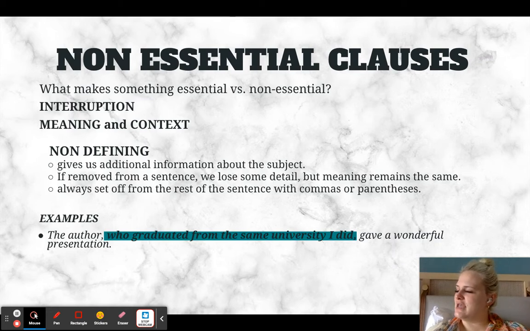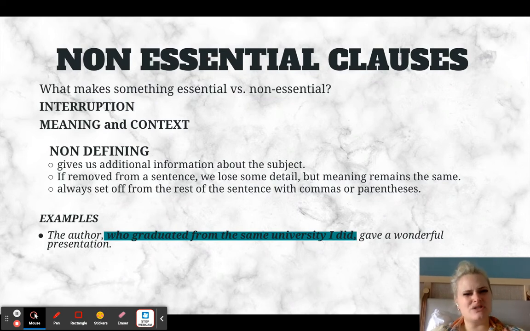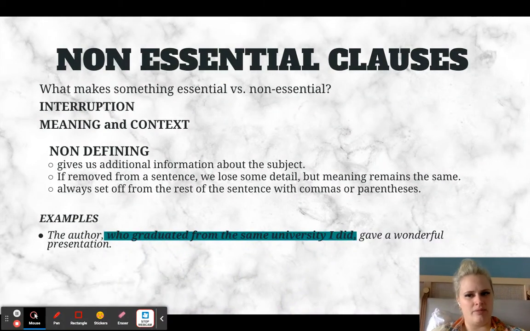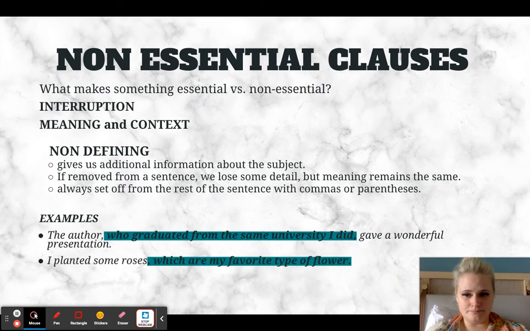If I just said the author gave a wonderful presentation, perfect. That sentence completely makes sense. But I also wanted to add a little detail for you who graduated from the same university I did. That's a fun little fact that kind of interrupts the sentence, but it gives it a little bit more meaning. If I took that out, though, we're still good to go.